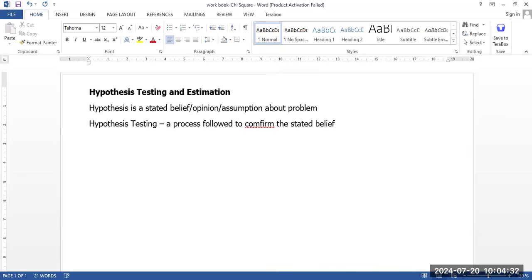You want to do some processes so that at the end of it all, you can actually confirm whether what was stated above is correct or not.